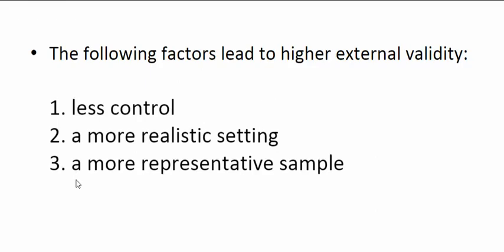So if I survey 50 college students and I draw a conclusion about all college students in general, I've used a sample to draw a conclusion about a bigger population. And a representative sample is basically a high-quality sample. It's an accurate sample. A representative sample has a balanced variety of population members. It has the right number of each type of person.